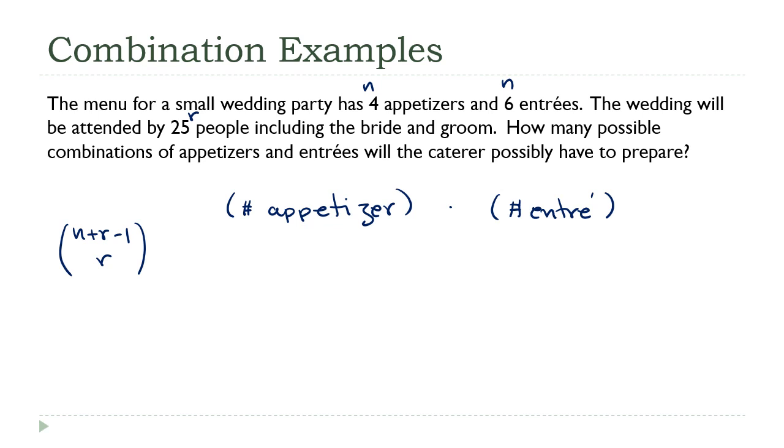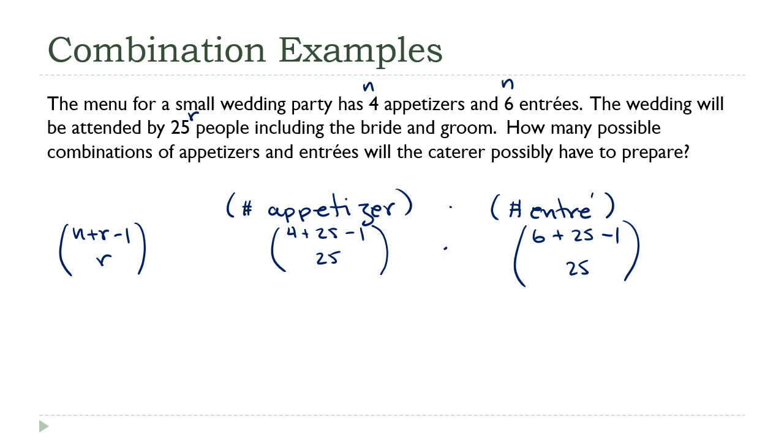Right? For the appetizers, this is going to be 4 plus 25 minus 1, choose 25. And for the entrees, this is going to be 6 plus 25 minus 1, also choose 25.